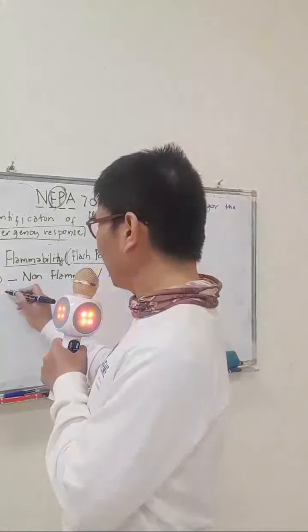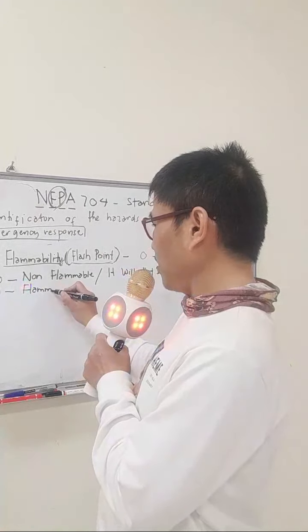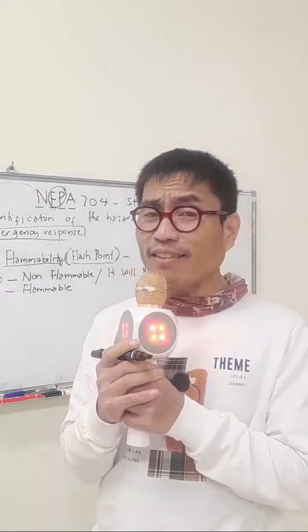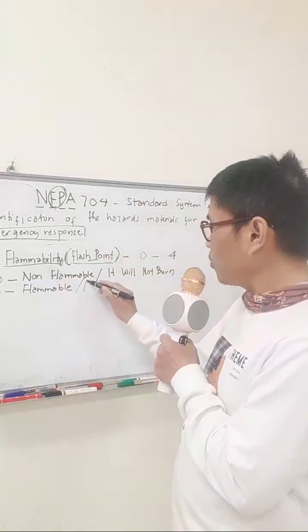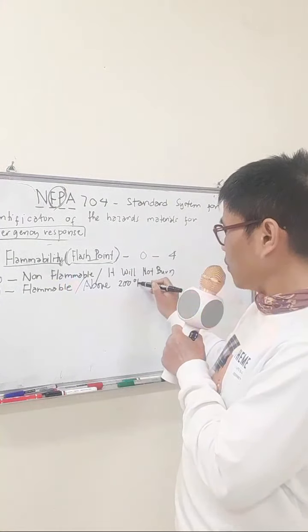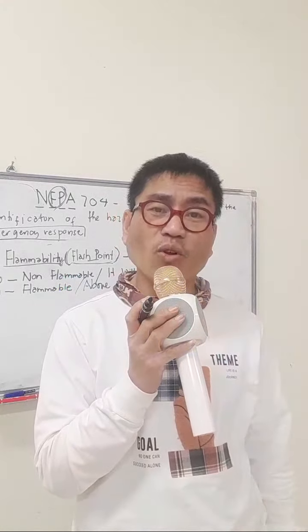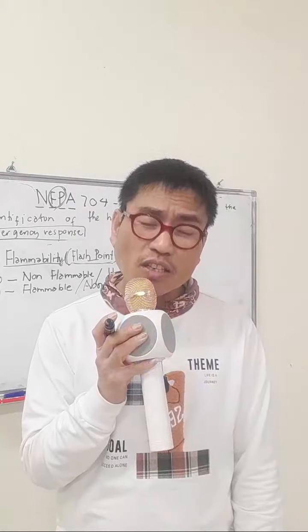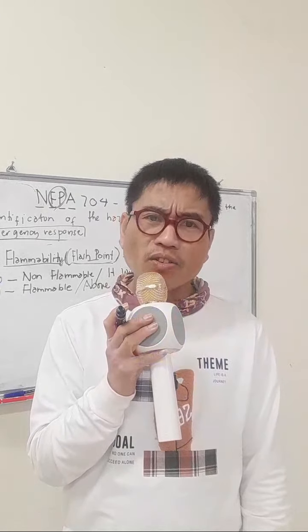Okay, 1. Flammable. Since we cannot categorically distinguish how flammable it is, this is the time that the flash point will arrive. So, above 200 degrees Fahrenheit. If the chemical substances are expressed in degrees Celsius, convert that to degrees Fahrenheit. I told you before in my vlog on stream the formula: degrees Celsius is equal to 5/9 times (degrees Fahrenheit minus 32).